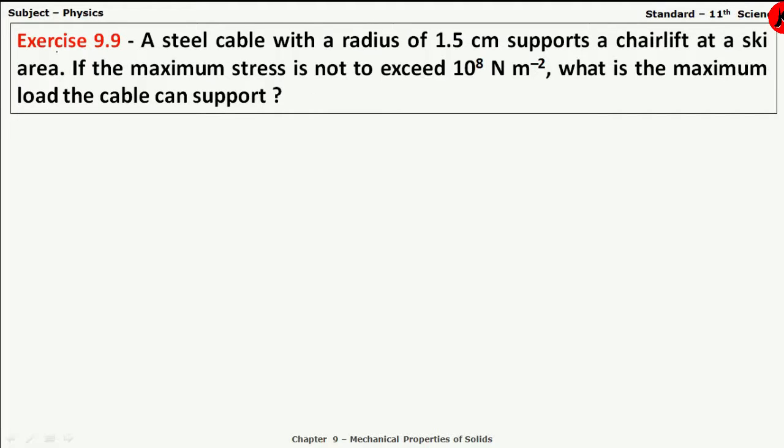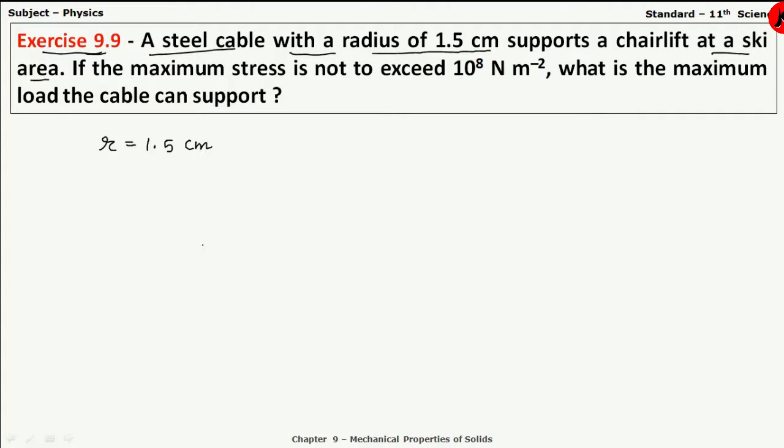Next exercise is exercise 9.9. What we have? We have a steel cable with a radius of 1.5 centimeter. Radius is given. Radius R is 1.5 centimeter. Right. Supports a chairlift at a ski area.